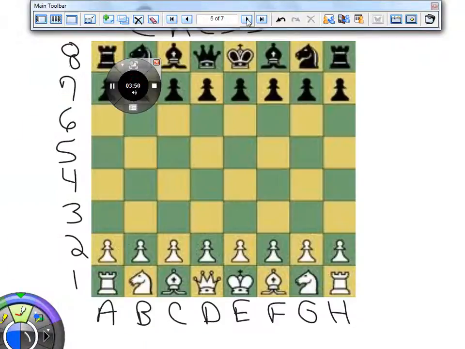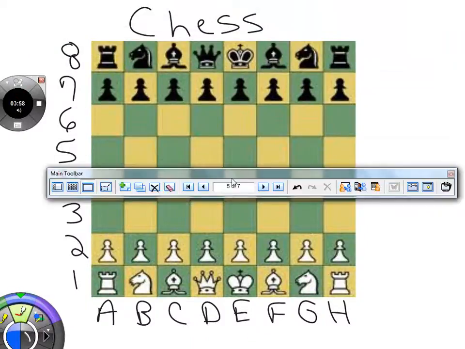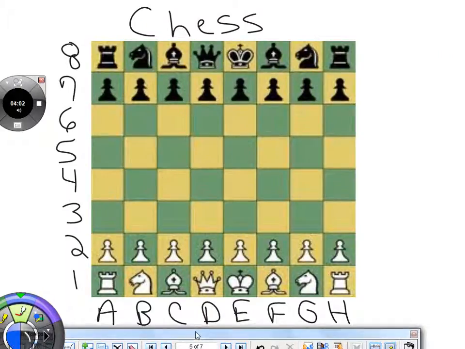The idea of coordinate pairs is used in chess. So here's a chessboard. Actually, let me move this little thing down. So here's a chessboard, and it is labeled. The bottom is labeled A, B, C, D, E, F, G, H, and then along the other side, it's 1, 2, 3, 4, 5, 6, 7, 8.